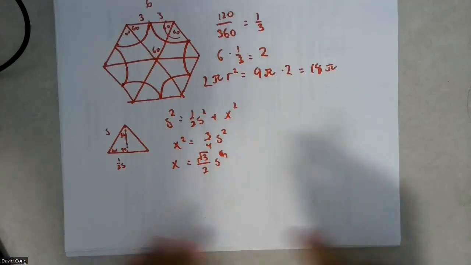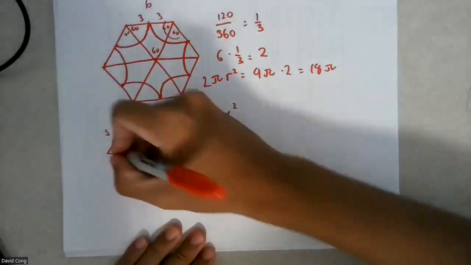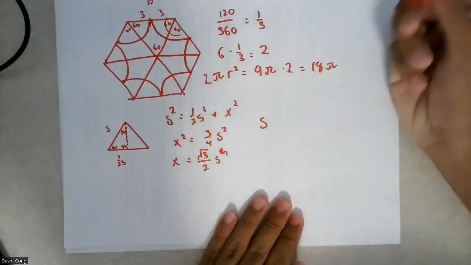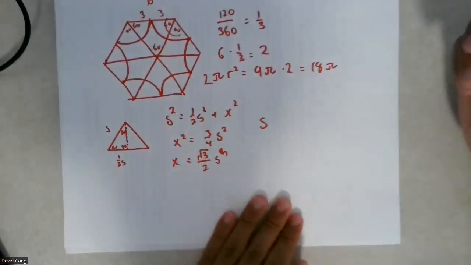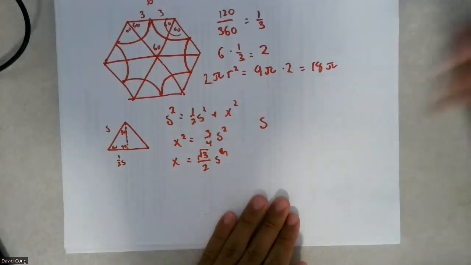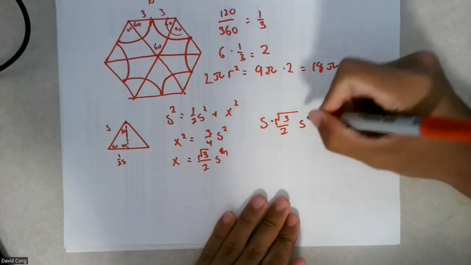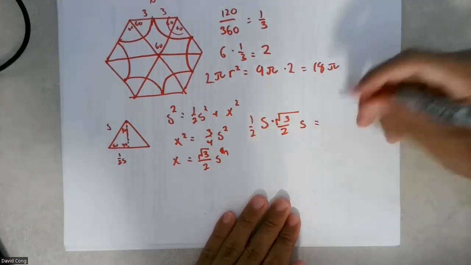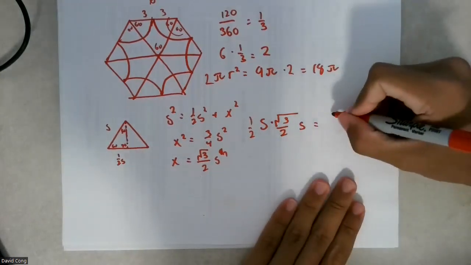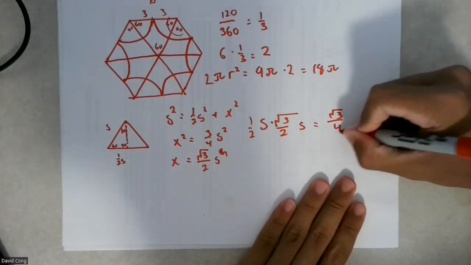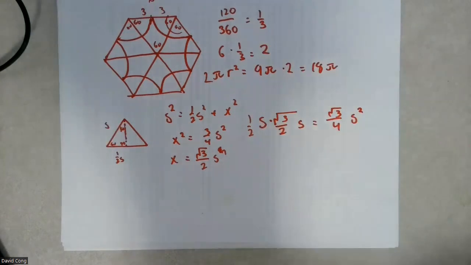Now what do we know the area of a triangle is? 1/2 base times height. The base, this entire base, is the side length, and the height we talked about is √3/2 s. What does this tell us? The area of an equilateral triangle is √3/4 times the side length squared.